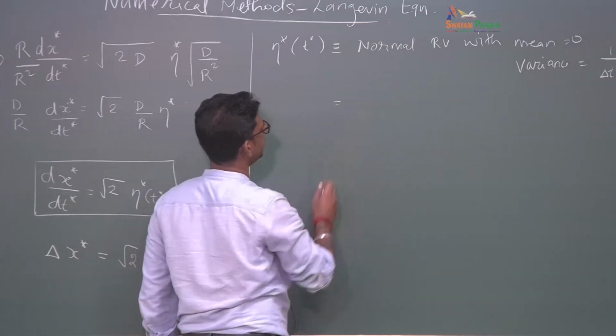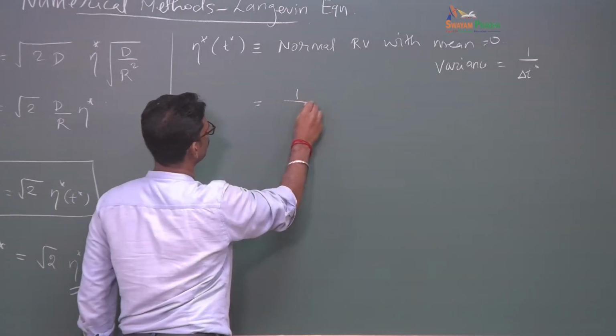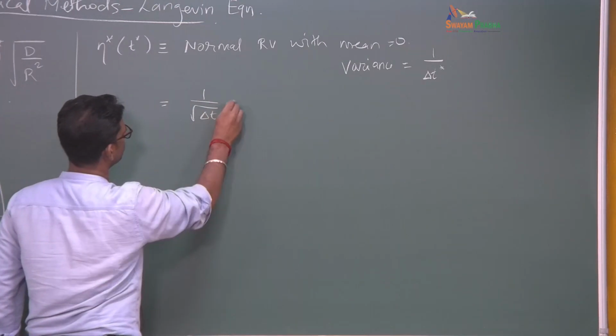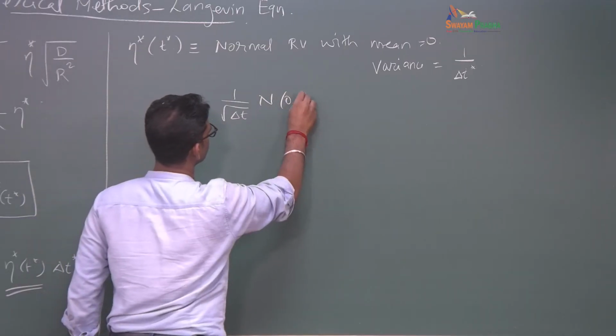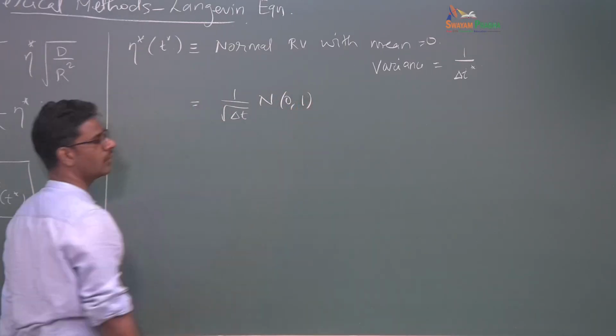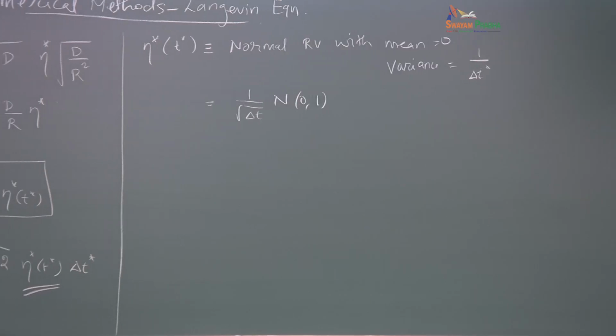Or we can simply write this as 1 by square root of delta t, times a normal random variable with 0 mean and unit variance.